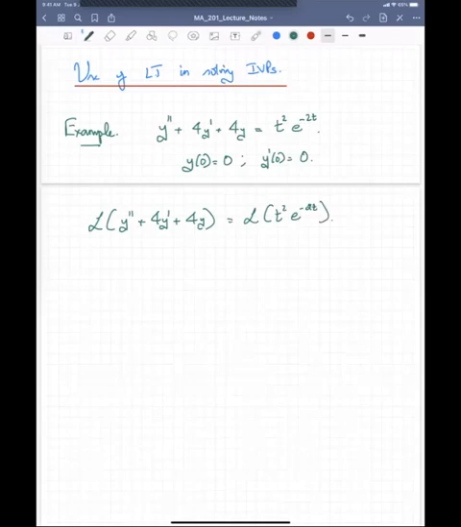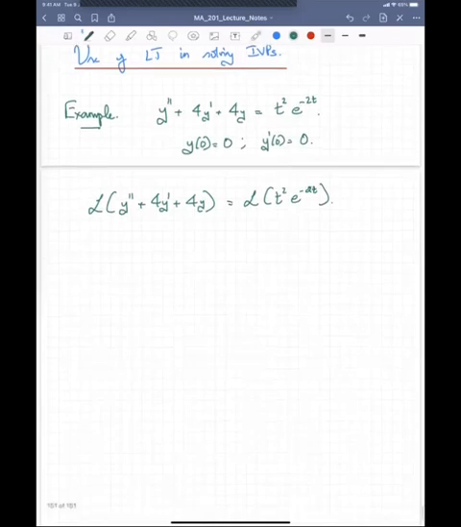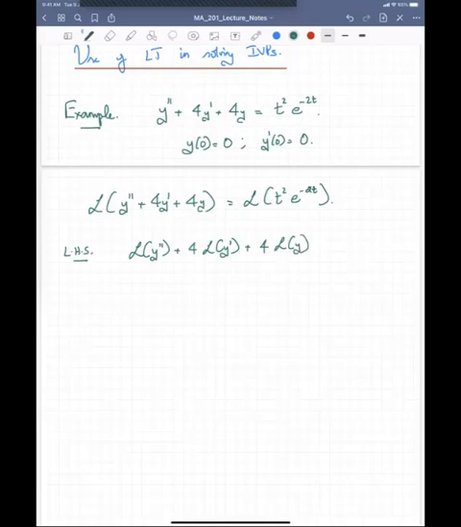The hope is to convert this into an algebraic equation so that all that remains to be done is to calculate the inverse Laplace transform of some function. So let us look at the left-hand side and right-hand side separately. So left-hand side, again, I will use the linearity property, and I can write this as the Laplace transform of y double prime plus 4 times Laplace transform of y prime plus 4 times the Laplace transform of y.